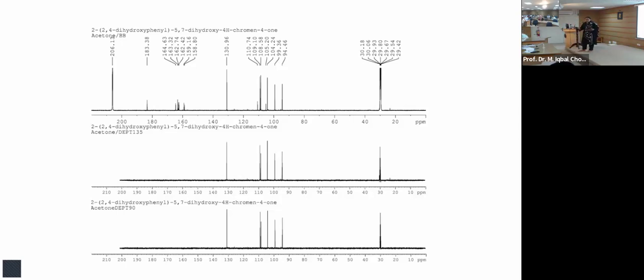Now most of us are doing HSQC. HMQC is heteronuclear multiple quantum coherence, and HSQC is heteronuclear single quantum coherence. The pulse sequence has changed, the information is the same, and it's more sensitive. That's why we are using that one.